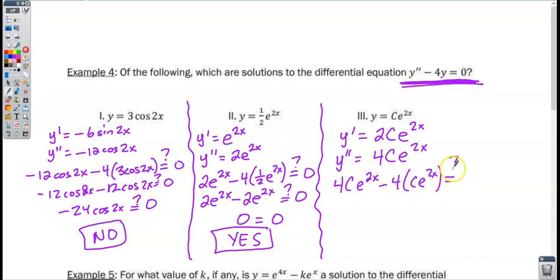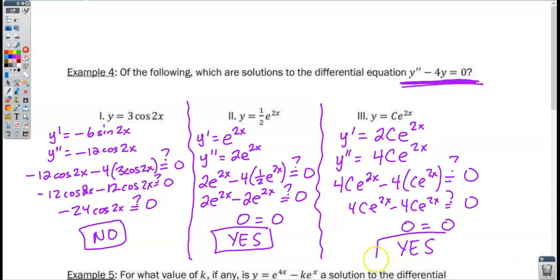And we're wondering, is that equal to 0? If we do the arithmetic, we find out that it indeed is equal to 0. And so my answer here is going to be yes. This one does point out something very interesting, that in general, any function of the form y equals ce to the 2x is a solution to this particular differential equation.